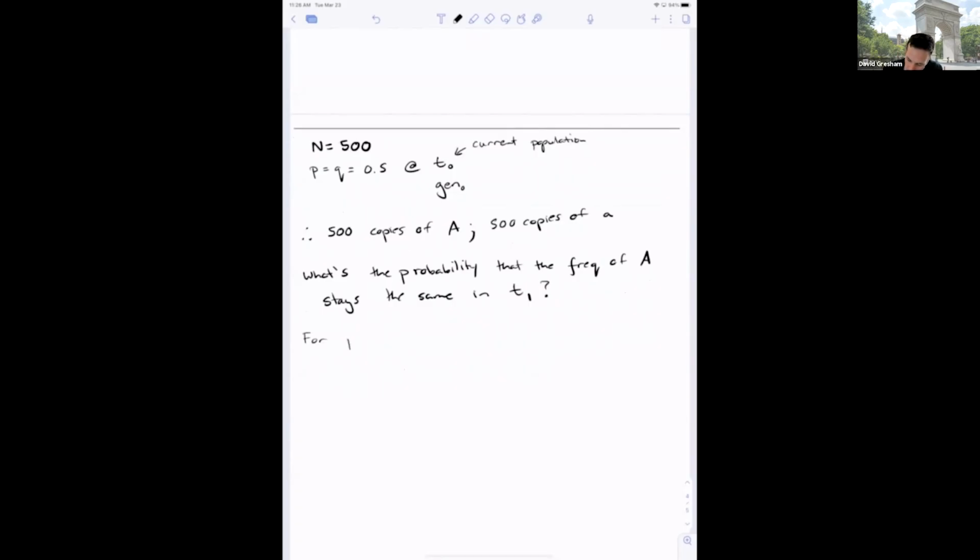So for P to remain at 0.5 in T1, how many copies of the big A allele will we need? That's a question for you. So we need 500, and how many total alleles are we going to have in that population? In our T1, our next generation, we're going to have exactly 1,000 total alleles, okay?